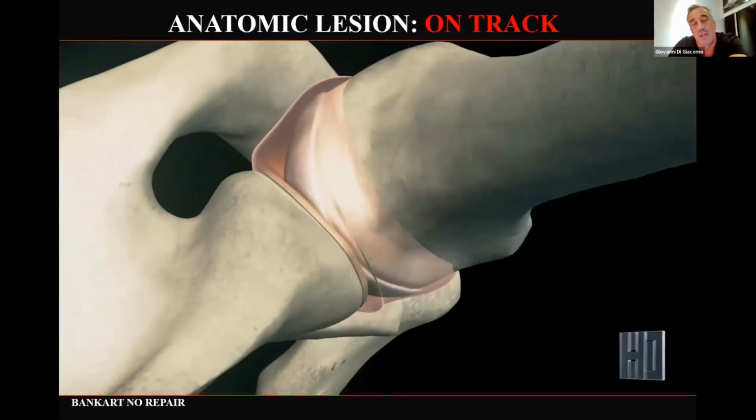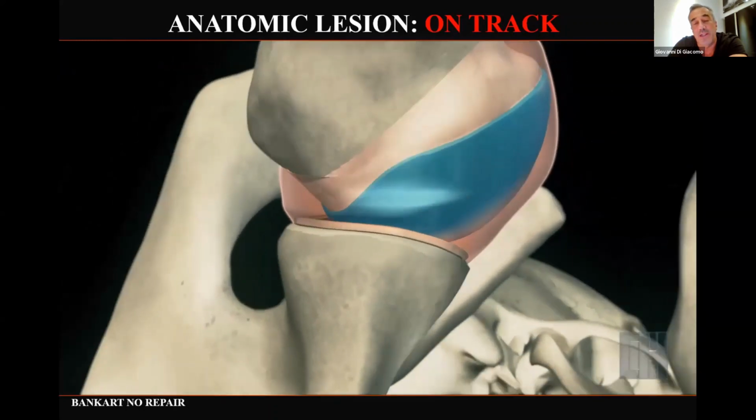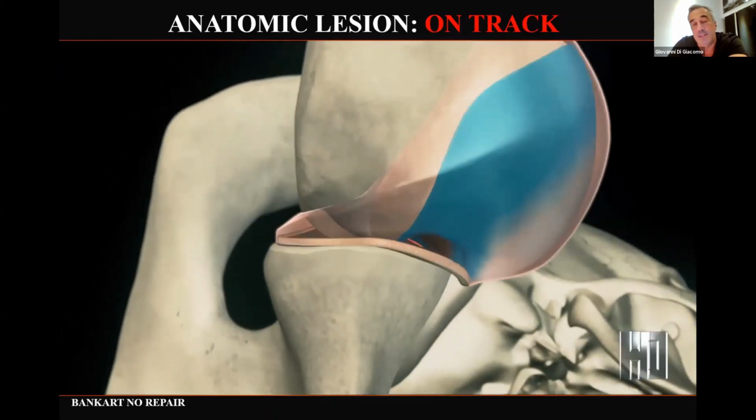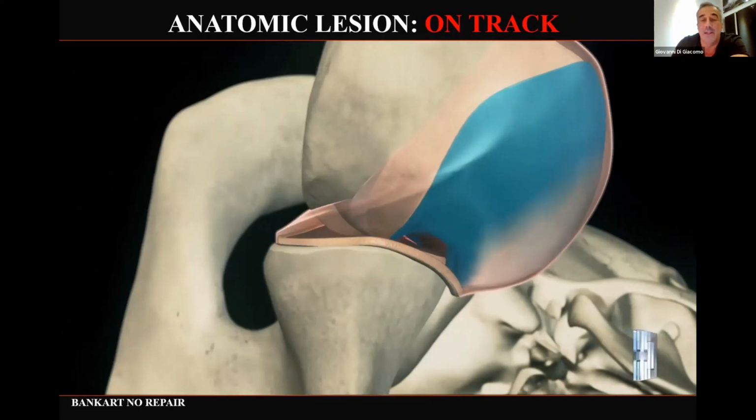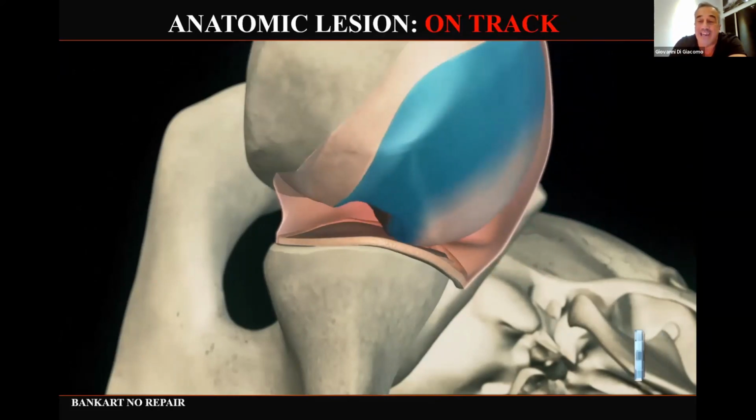The second lesion, most of the time very frequent, is the bone loss, the compression fracture on the humeral head that is known as Hill-Sachs lesion.